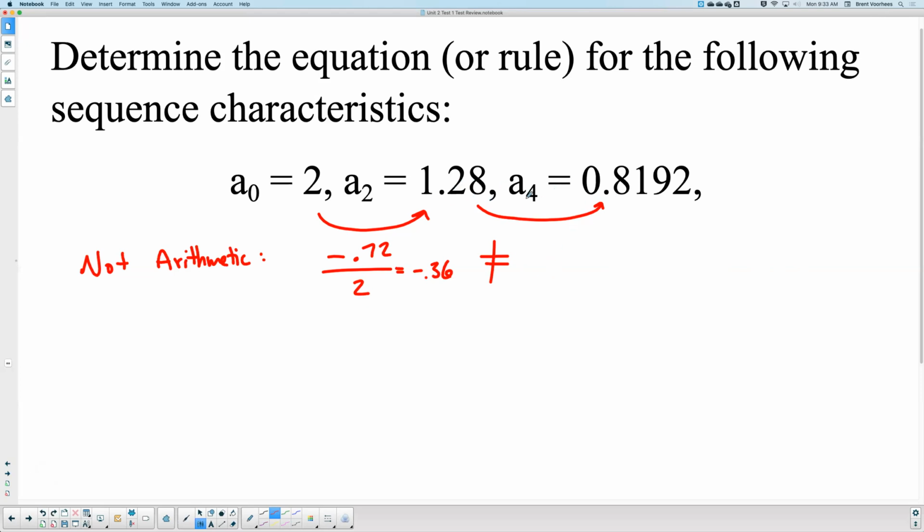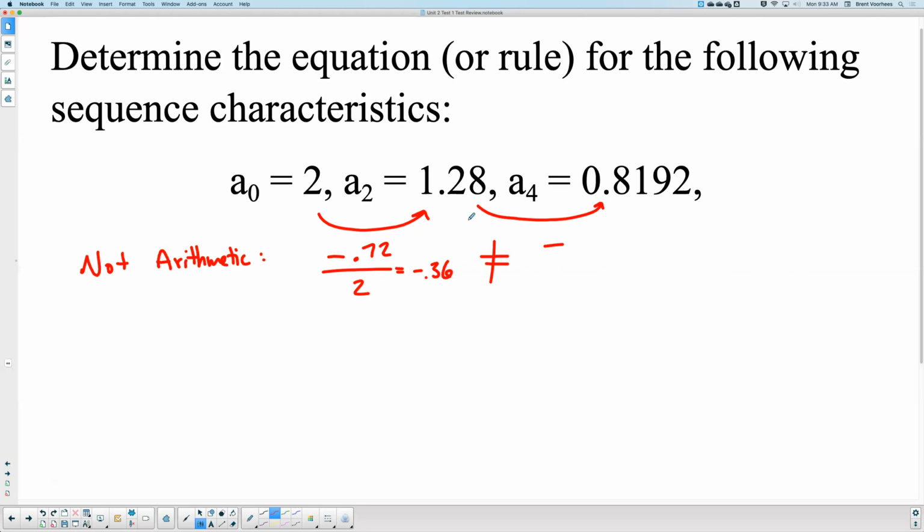Take 0.8192 and subtract 1.28 for me. I want to make sure I don't make a mistake here. 0.8192 minus 1.28.